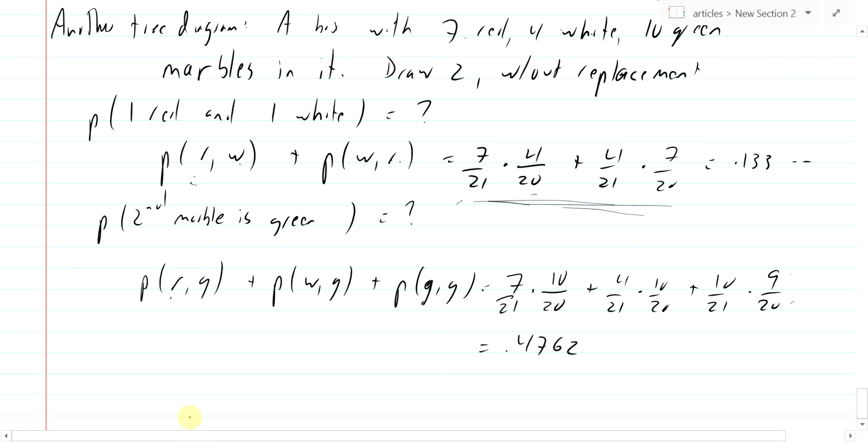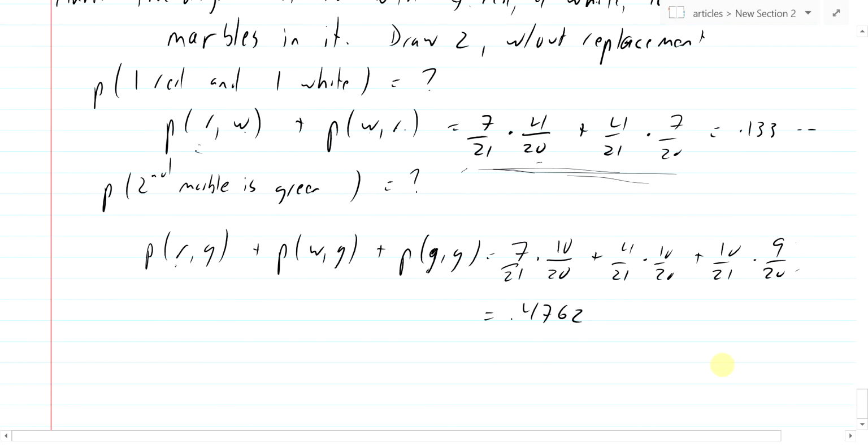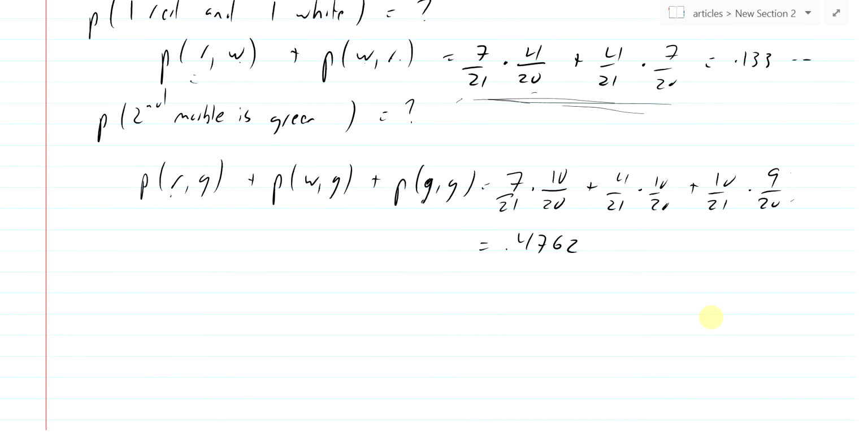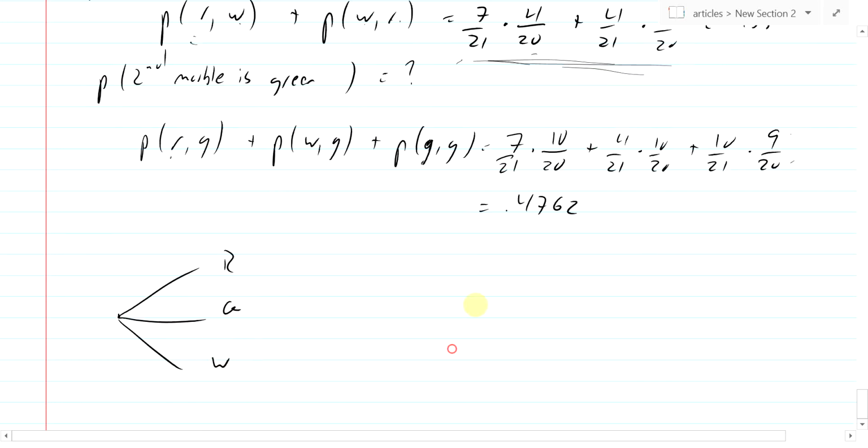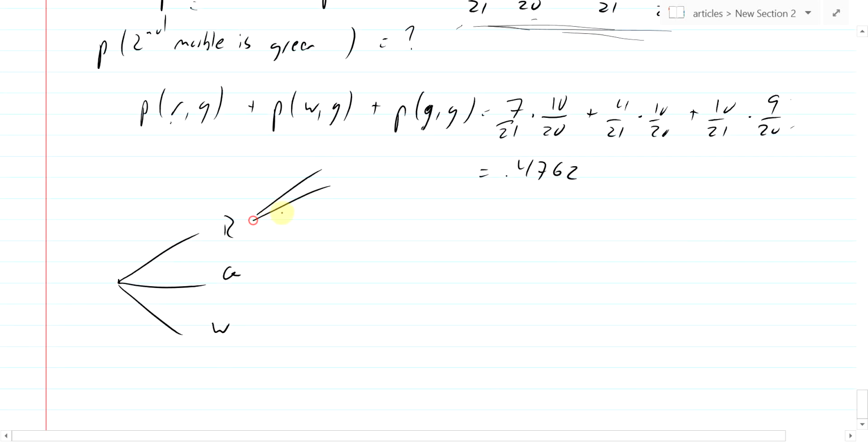And so you can think about these kinds of problems in terms of tree diagrams by saying, well, what's the tree diagram here? It's a little bit of a big one. You can do red, green, or white on the first pick, and then you can do red, green, or white on the second pick for each one of those choices.